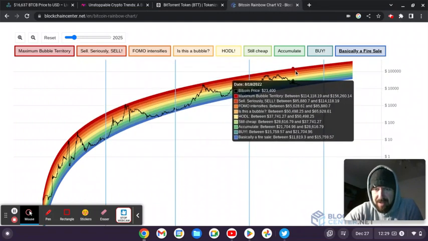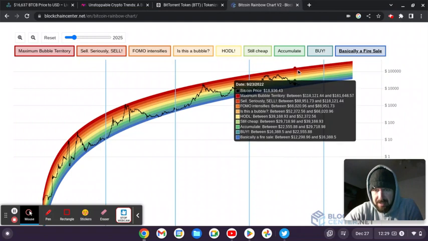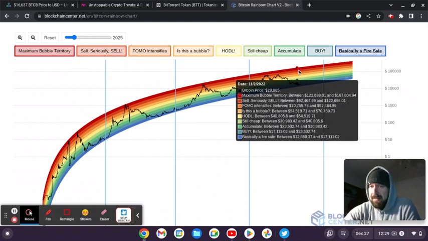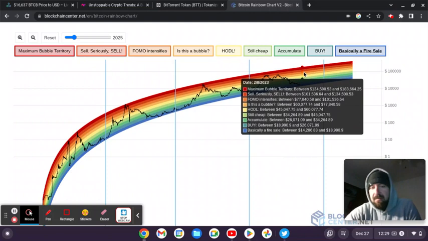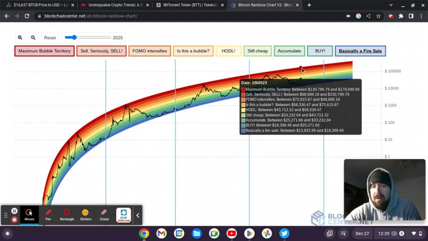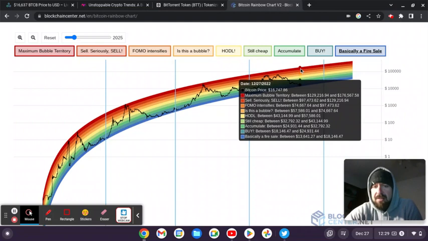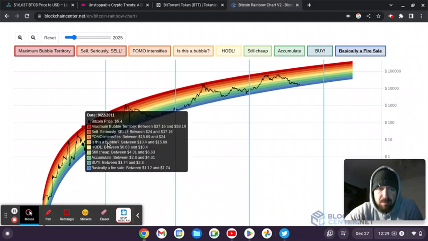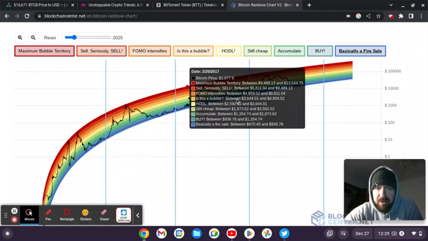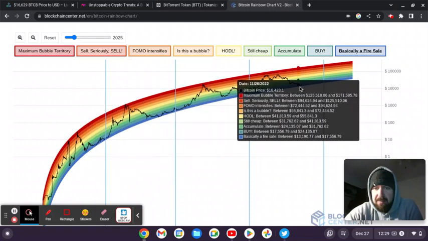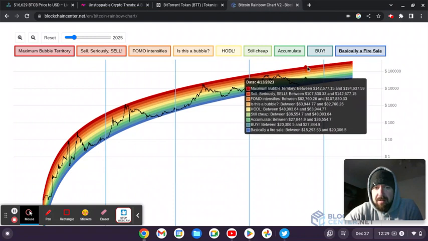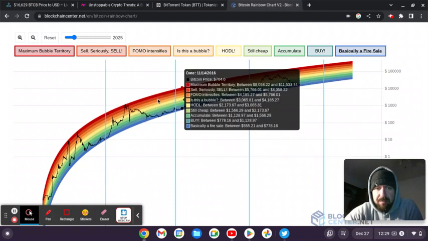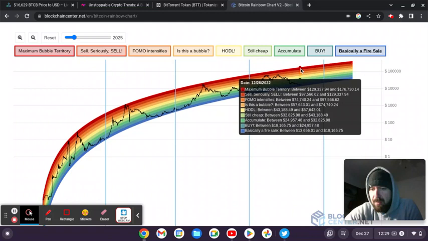I do believe that the next Bitcoin peak should hit around 150,000, which is a pretty good price target. It's always hit this blue at the bottom of crypto winter, and coming out of crypto winter, it has always gone right back into the red.